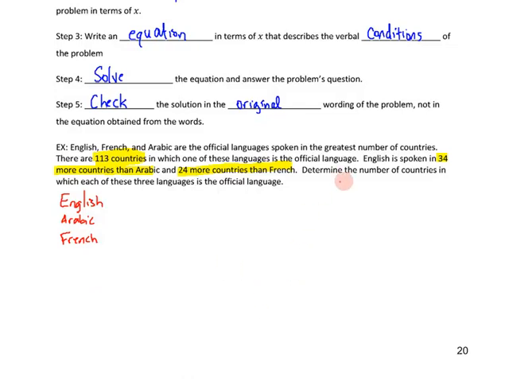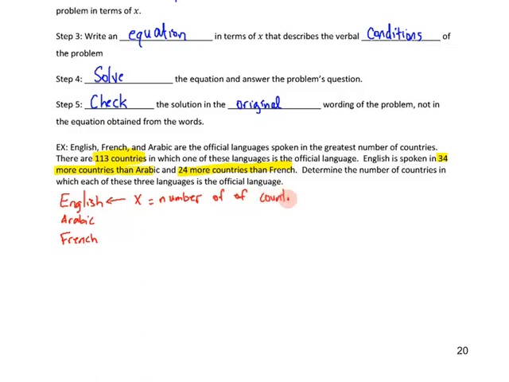So in this case, English is something that the number of Arabic depend on, right? It's 34 more than Arabic, and English is 24 more than French. So I'm going to let the number of countries that English is spoken in be the variable x.